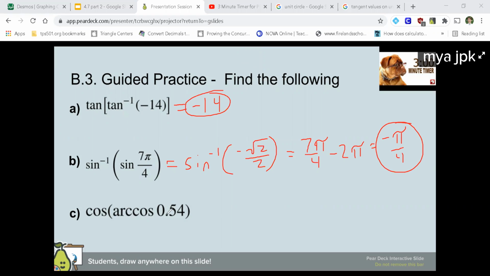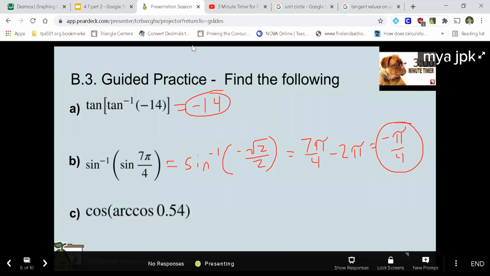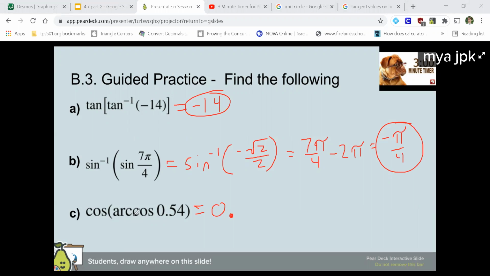For this last one, is 0.54 in the domain of arc cosine? Yes, because 0.54 is between negative 1 and 1. So then these operations will cancel out and leave me with just 0.54.